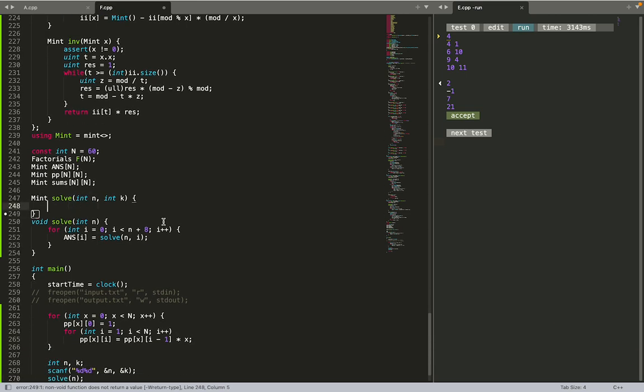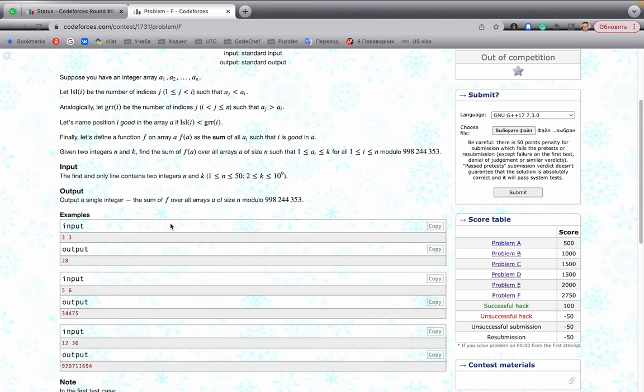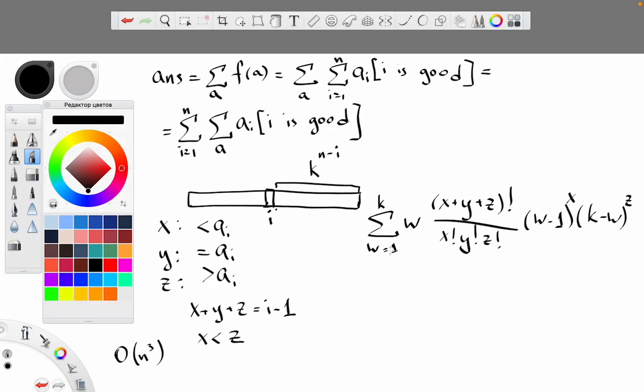So now, for x smaller than z such that their sum is at most n, we will calculate these sums.